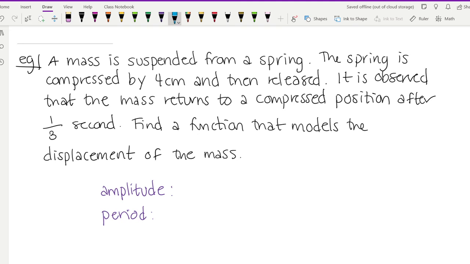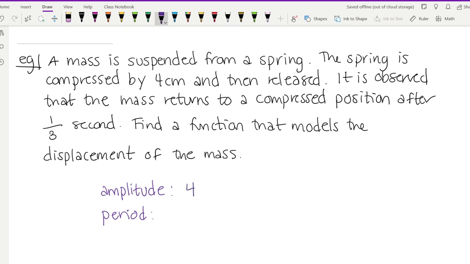That's going to tell us the amplitude, the difference between the resting position and the highest position. And based on what we've seen about what these graphs look like, it's going to go down by 4 centimeters. The amount that it is compressed is the same amount that it stretches in the other direction. So the amplitude is going to be 4.